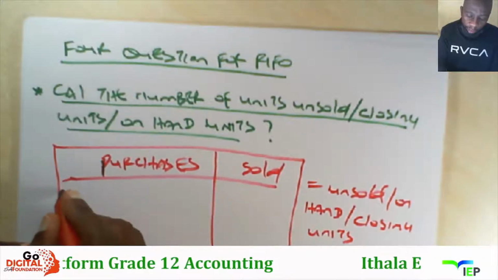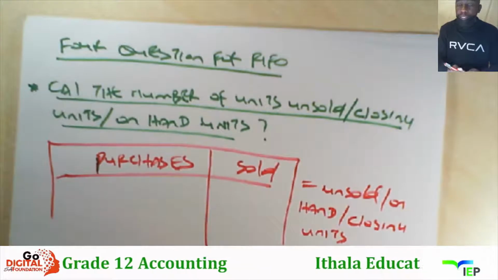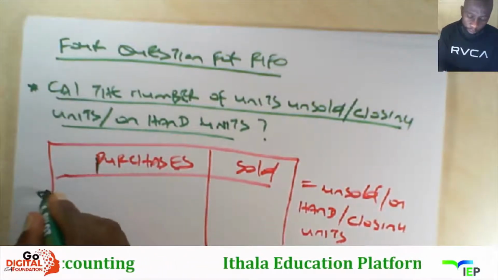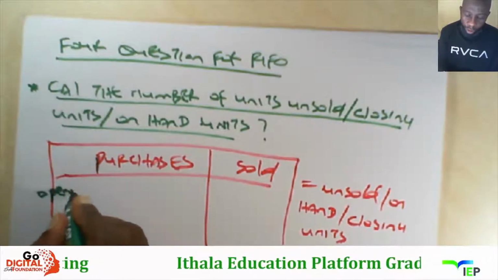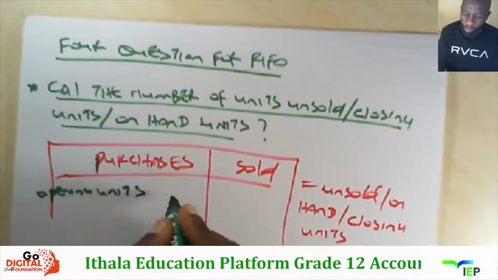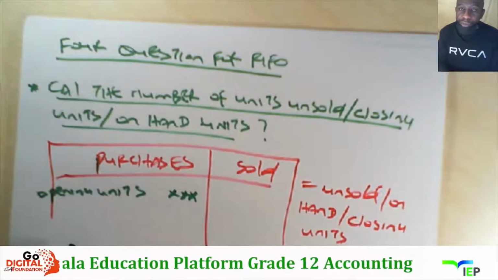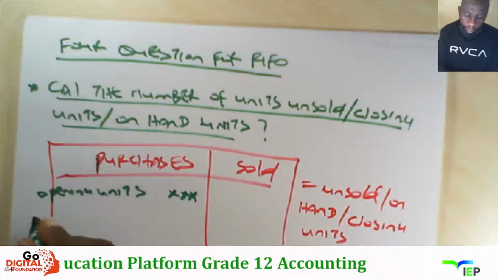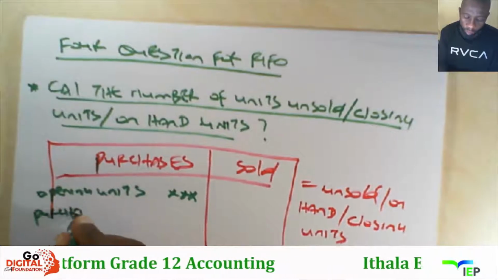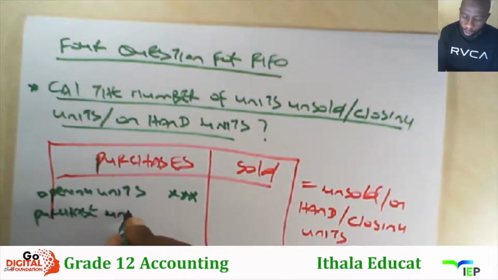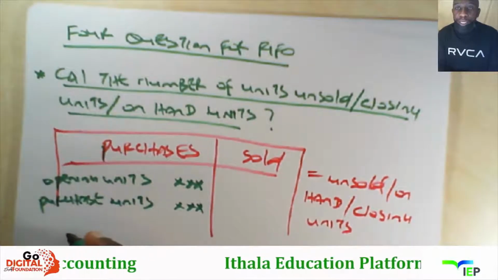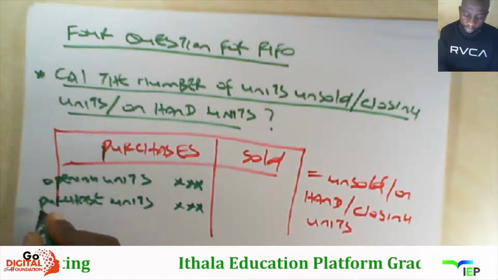Sometimes we start here with an opening balance if the business has been operating for quite some time. So there will be opening units. You write only the units. Then purchases units, record the figure, and less the returns.